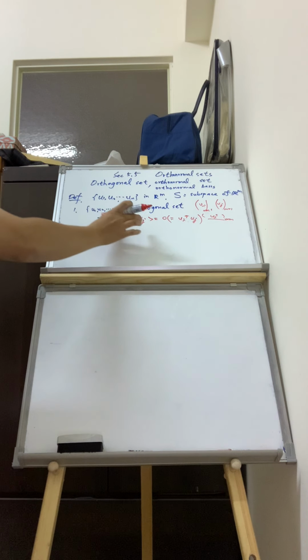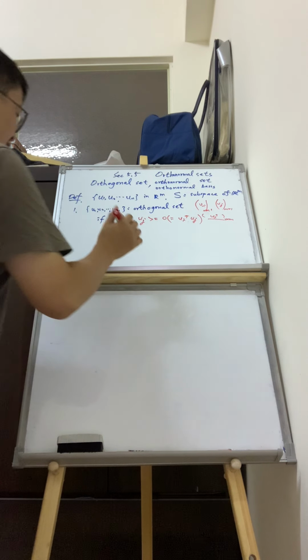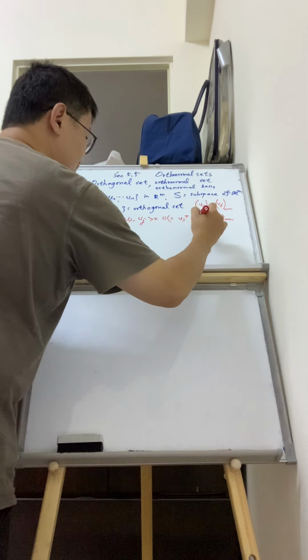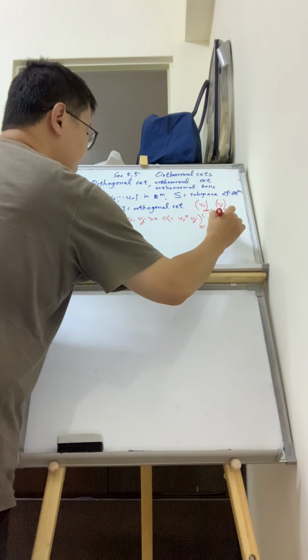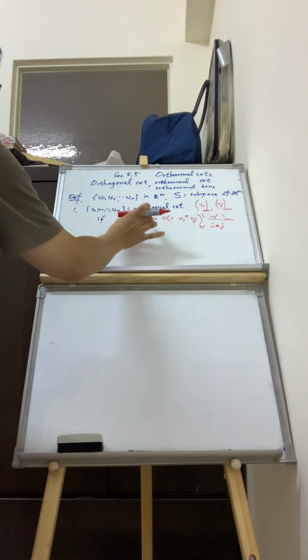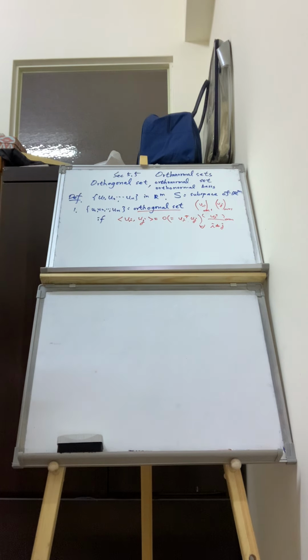So if for ui, uj, these two vectors, for all i not equal to j, their inner product equals 0, then we say that this set is an orthogonal set.